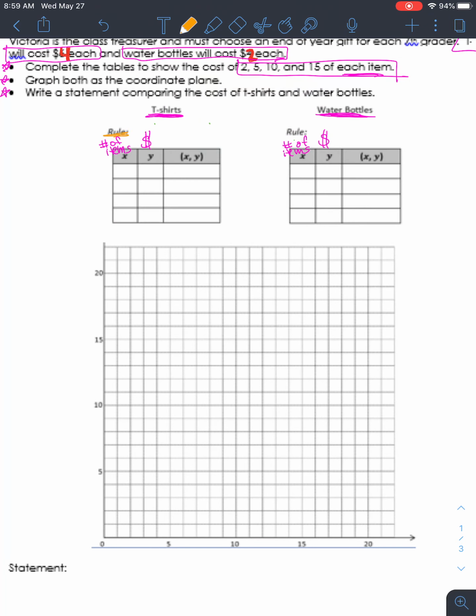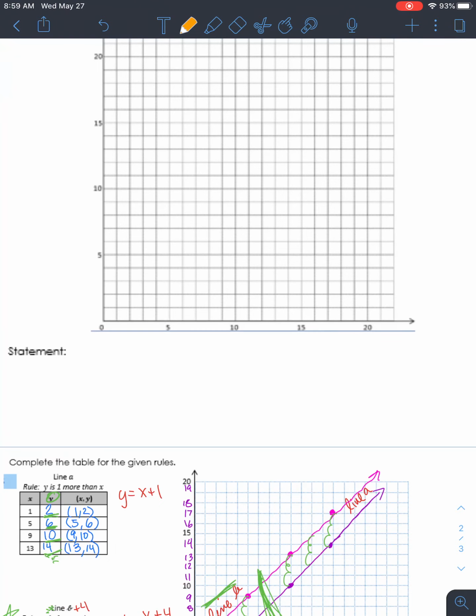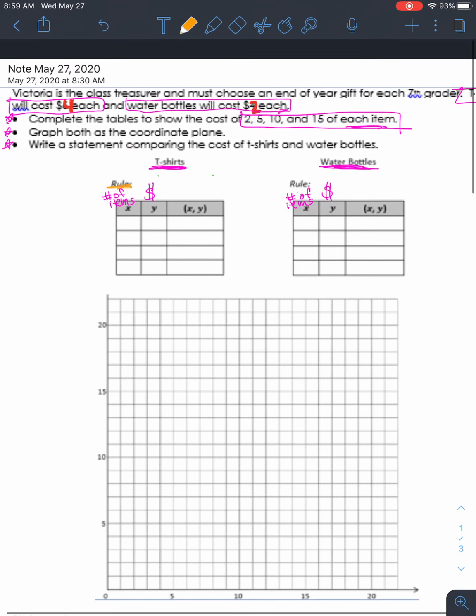I'm noticing that they're asking for our rule. Let's go ahead and look back at the information we have about the t-shirts. T-shirts will cost $4 each. So for each t-shirt, you are spending $4. If you're buying one t-shirt, you're spending $4. If you're buying 2 t-shirts, that's like spending $4 twice.